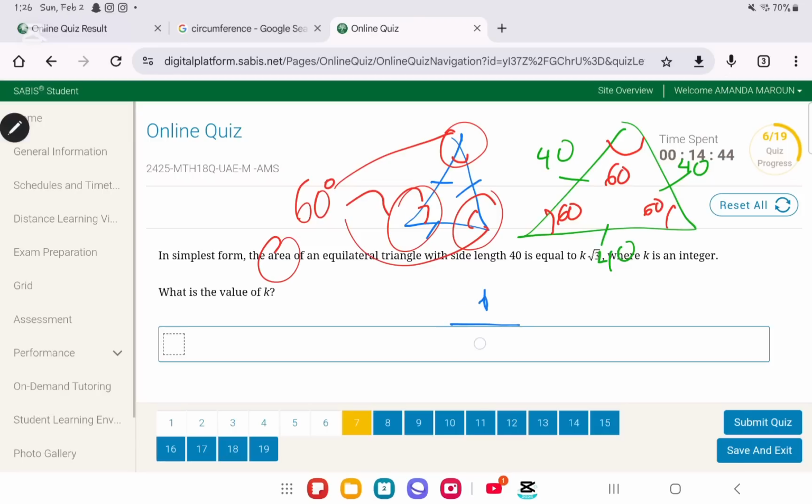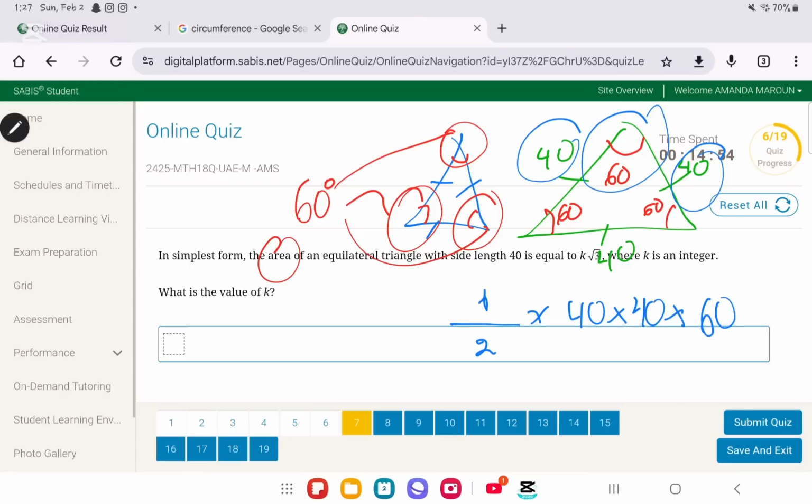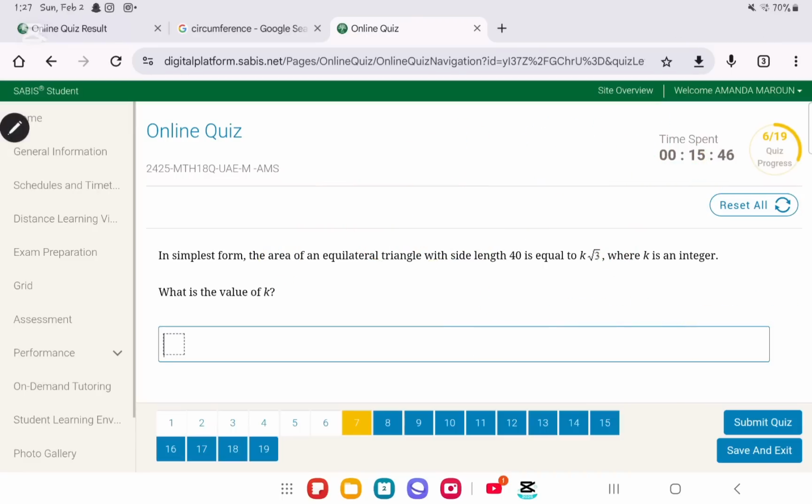The area is 1 over 2 times a side multiplied by another side, so times 40 times 40, times the sine of the angle in between them, which is 60. So 1 over 2 times 40 times 40 times sine of 60, you will get an answer of 692.8.